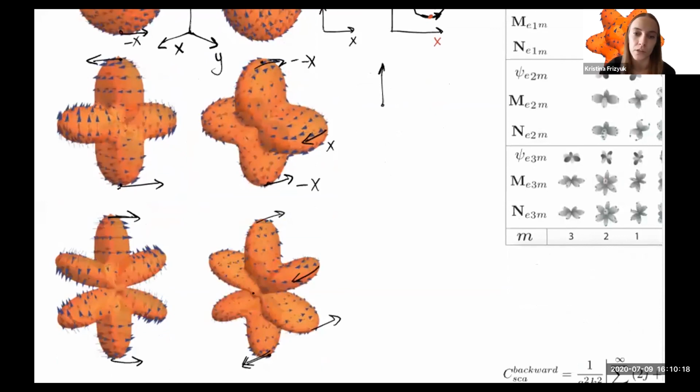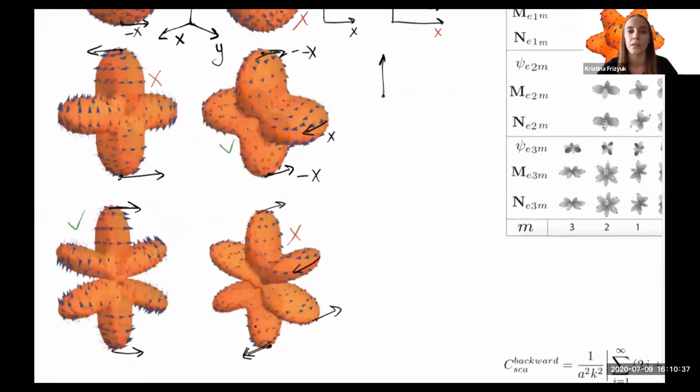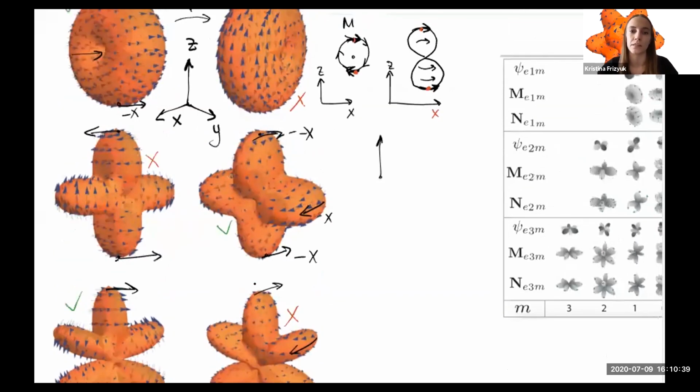You see that the behavior is similar for these three, and for these three the behavior is opposite, and they will always behave the same way. So if you take further multipoles, you always have the same behavior until infinity.